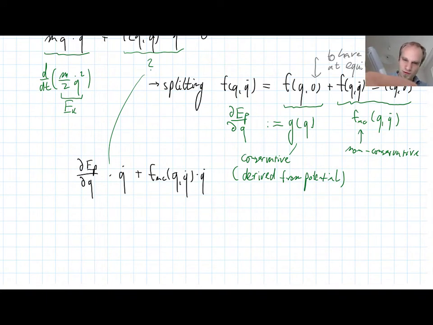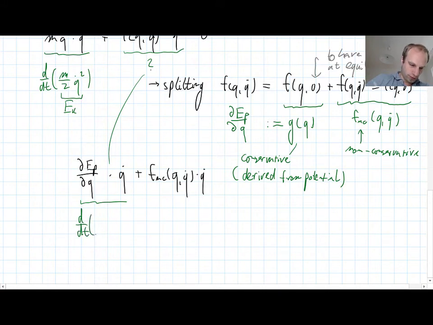So we can interpret this term here as the time derivative of the potential energy, which of course only depends on the coordinates, not on the velocities. And this here is simply the power supplied or dissipated by non-conservative forces.